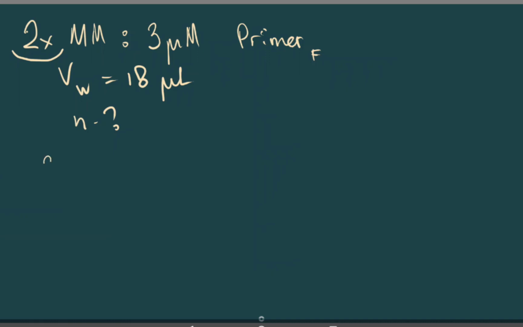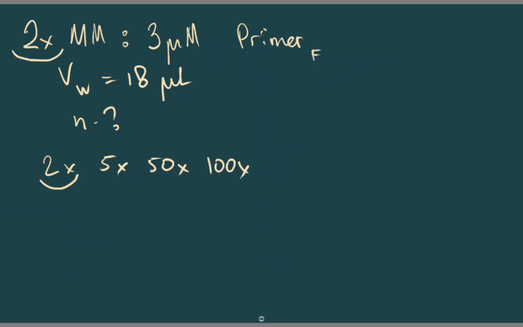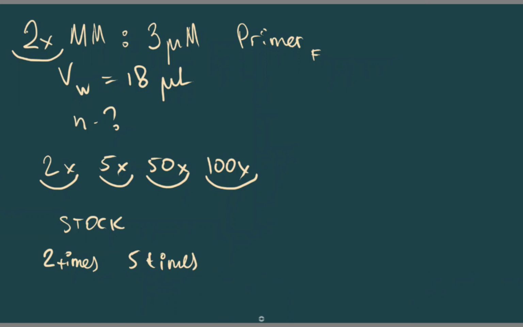Whenever you see 2x, 5x, 50x, 100x, it means that you have the stock concentration which is 2 times, 5 times, 50 times, or 100 times higher than your working concentration.